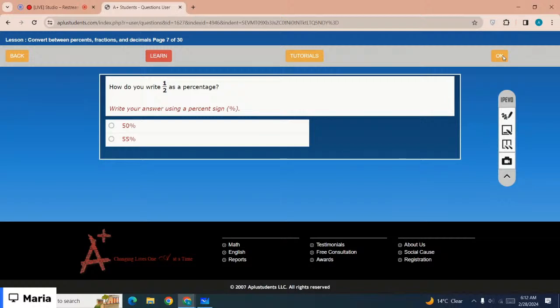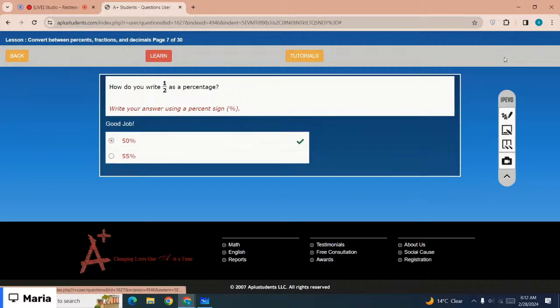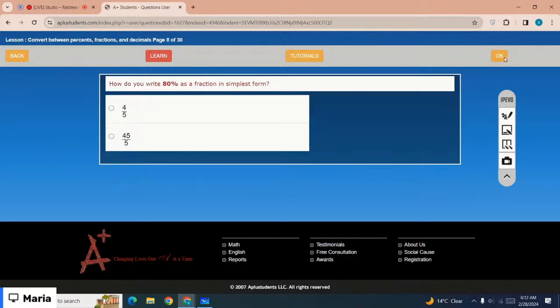Option number 1 is the correct option. How do you write 80% as a fraction in simplest form? So which is the correct option?